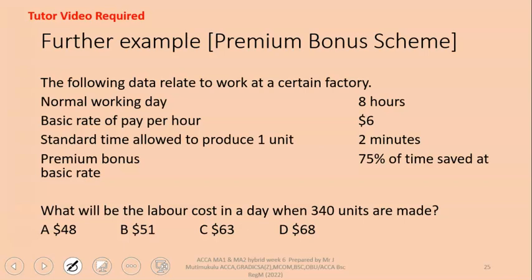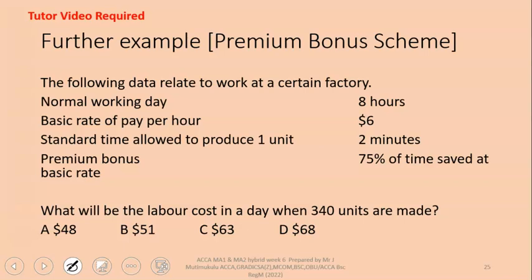So what is the question then? What will be the labor cost in a day when 340 units are made? This one is a bit tricky, but let us do it in a more systematic way.